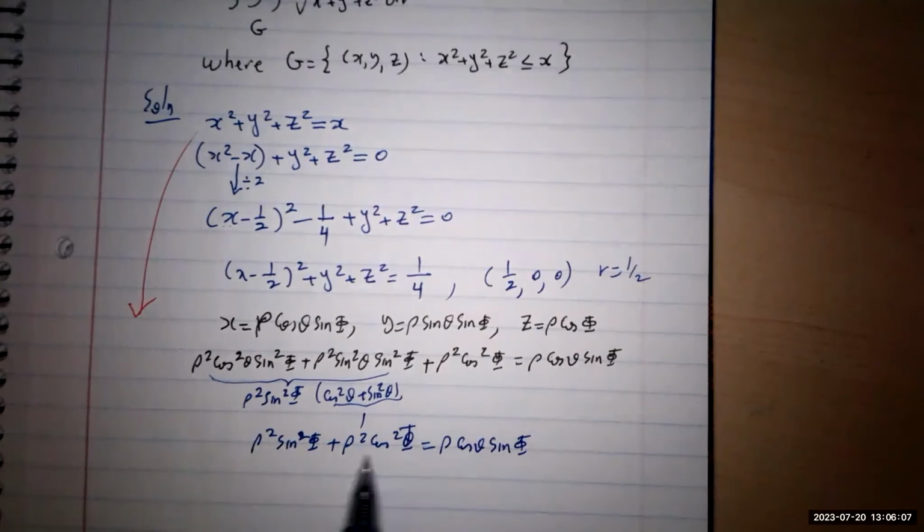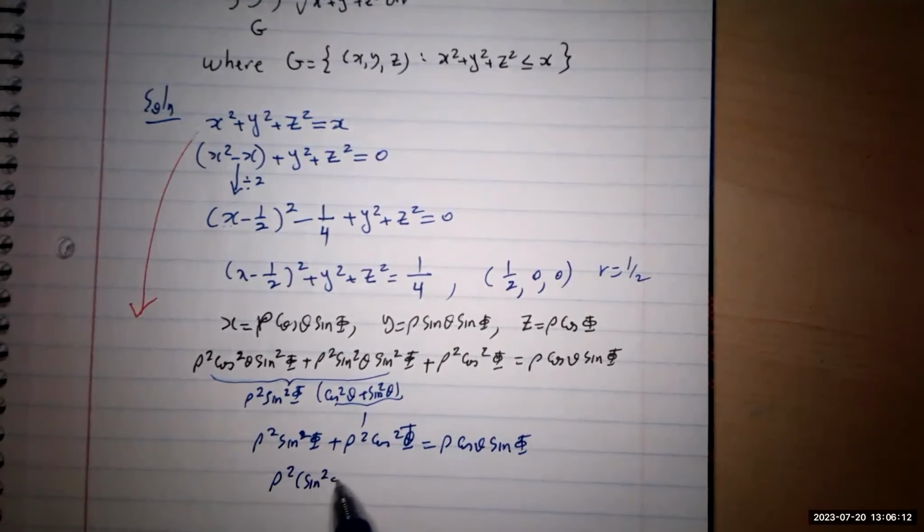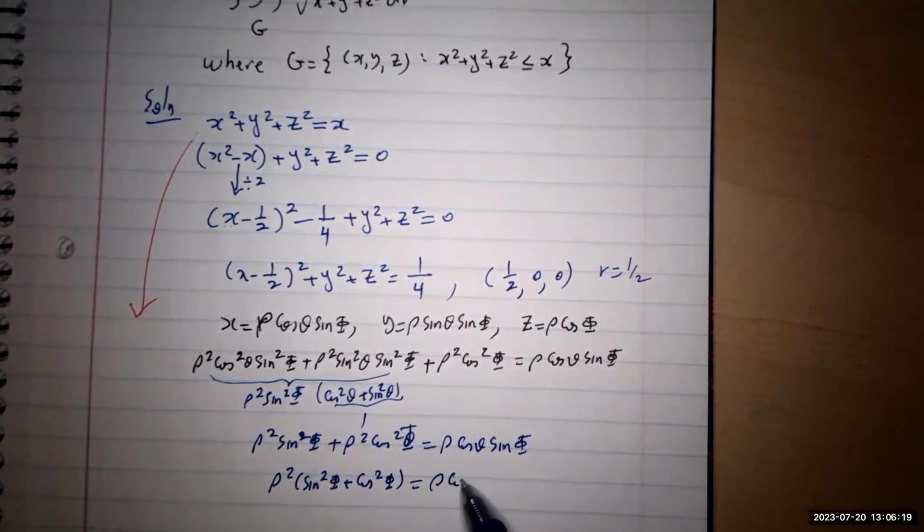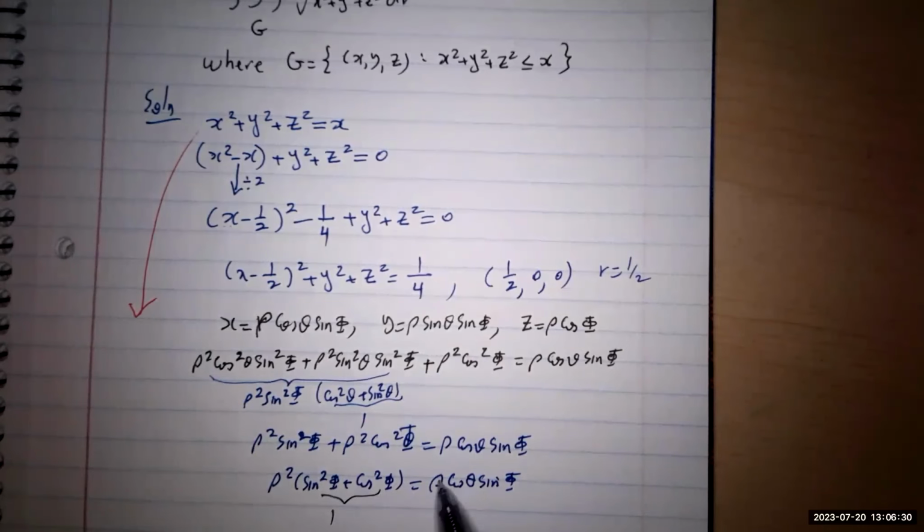Then you factor out a rho again, so that gives you sine squared of the phi plus cosine squared of the phi, and that gives you rho cosine of the theta sine of the phi. Okay, so this is it. This would be 1 again, and you can simplify one rho. Eventually, rho is equal to cosine of the theta sine of the phi. You see?